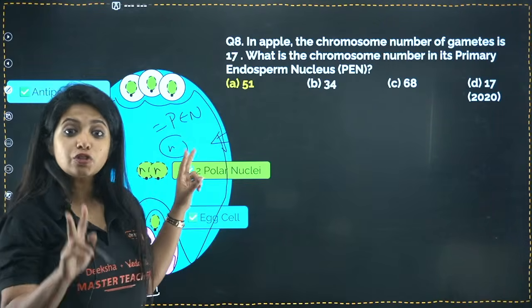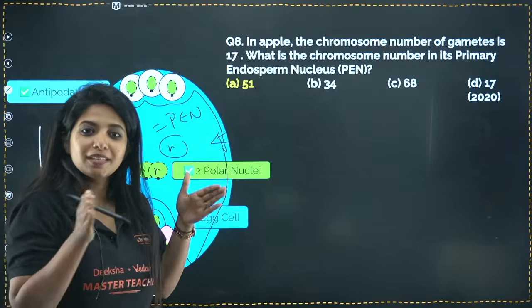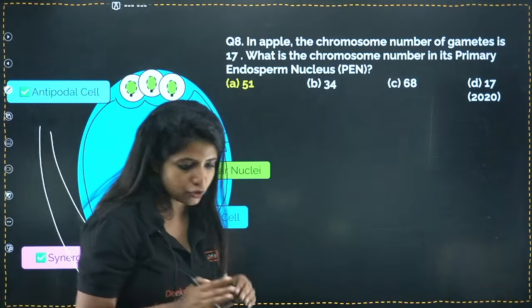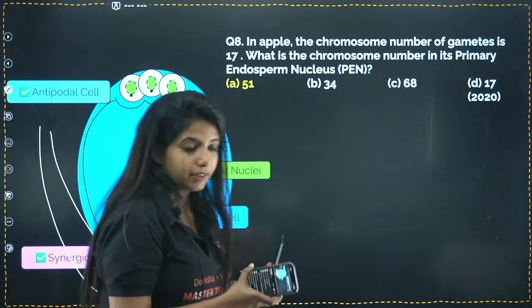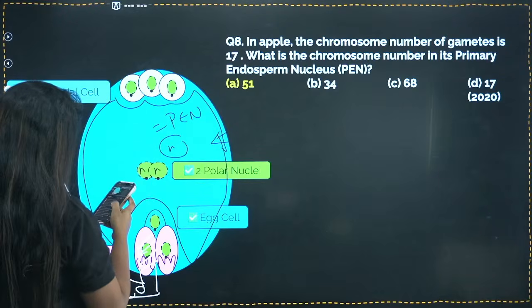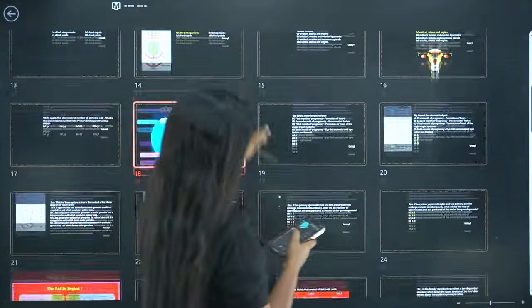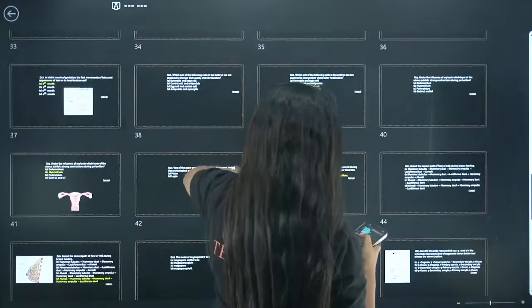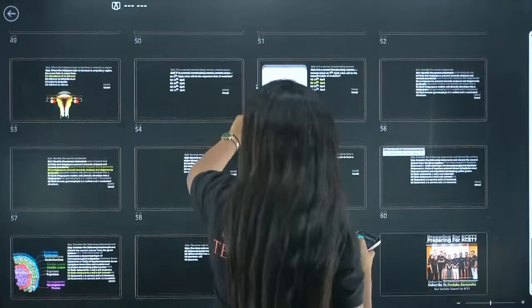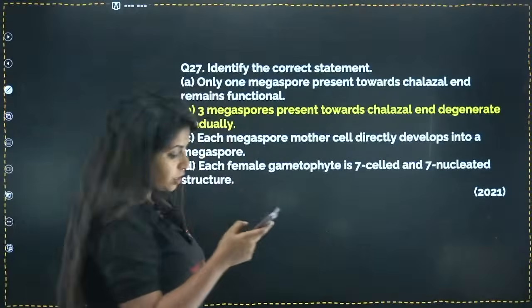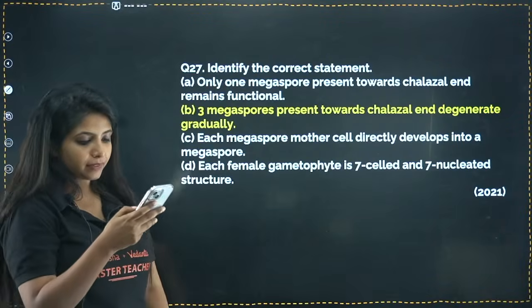The last central cell has 2 nuclei, which is why the number of cells is less but the number of nuclei is extra. Got it? Okay. Just a second, let me come back over here. Where were we? So your answer for this question is going to be B. Got it?